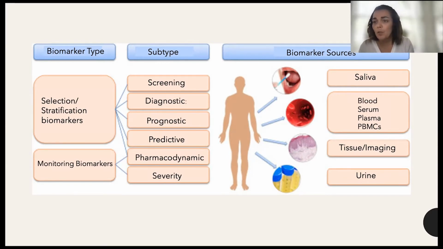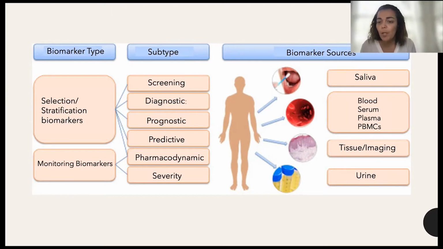But we can also look for epigenetic changes in DNA that we can get from blood or other body tissues that can be used for biomarker analysis. In addition, lipids, lipid metabolites, and other small molecules can all be ways in which we can assess biomarkers.